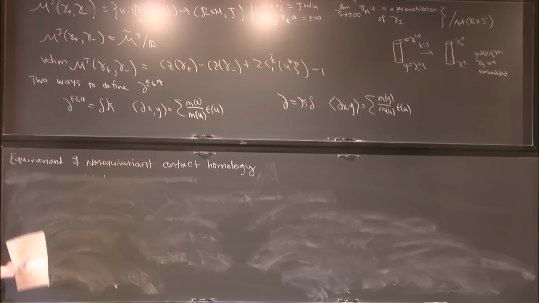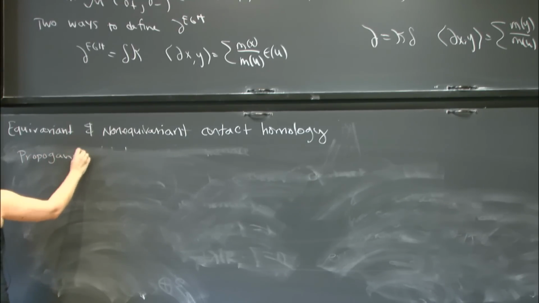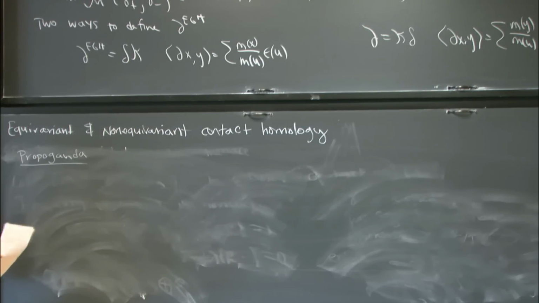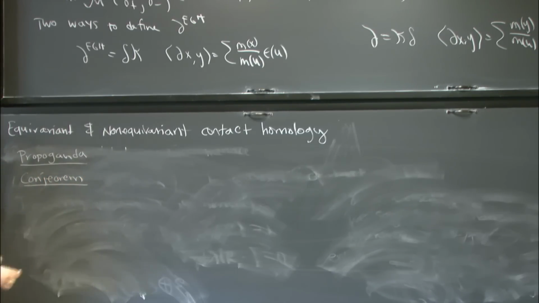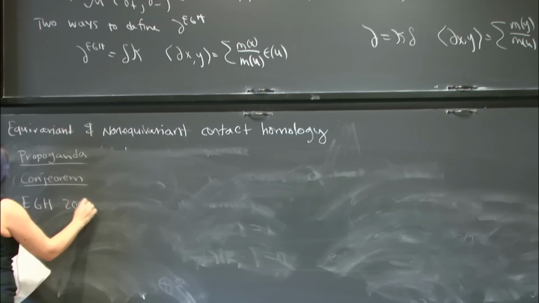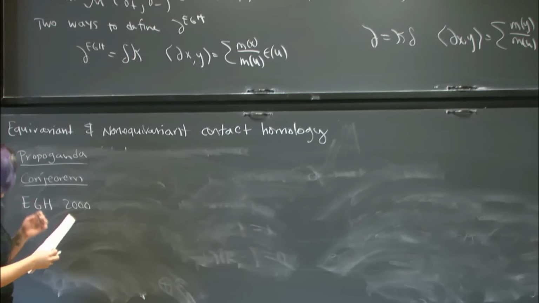They can say it's a propaganda. Well, I view it as a propaganda thing, but of course, with possibility of success. So if I have Chris Wendl or Joel Fish in the audience, I have to call it propaganda. If I don't have Chris Wendl or Joel Fish in the audience, I can call it a conjecture. And I guess if Yasha is in the audience, you're supposed to call it a theorem. Okay, I will find out the appropriate parts on the video. I'm sure there'll be all kinds of hate mail in the comments of the video.